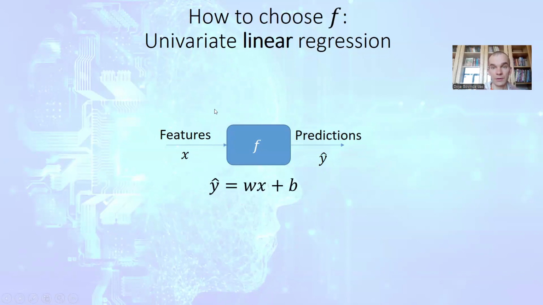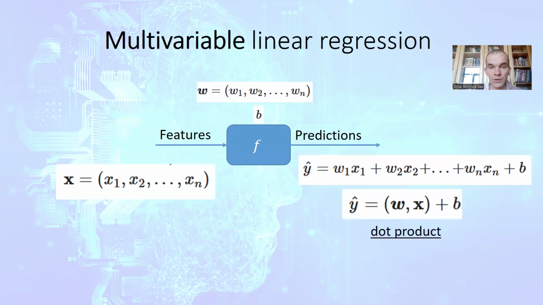If in univariate linear regression the prediction was just wx plus b, here we no longer consider just one weight w, but we have a vector of weights w1, w2, etc., wn, and our feature vector is of the same dimension. The bias, or intercept b, remains only one scalar value.